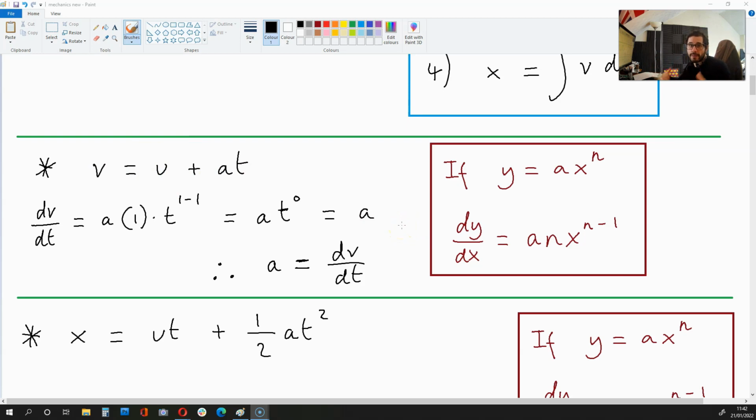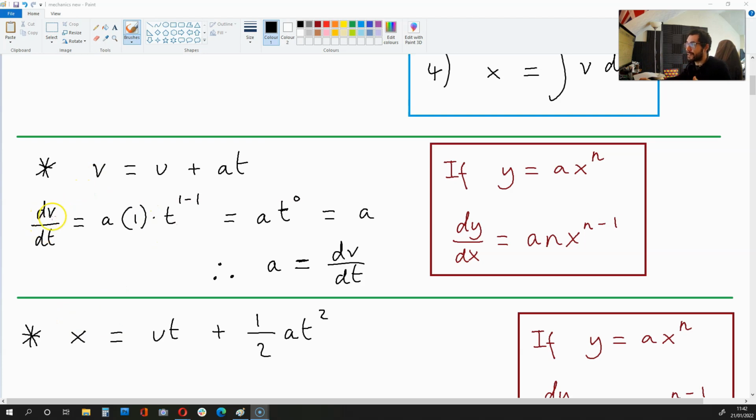Now, recall from A-level mathematics that if y is a times x to the power of n, then dy over dx is equal to a times n times x to the power of n minus 1. Using these rules, we can show that acceleration is dv over dt.